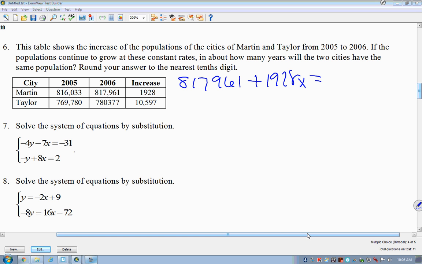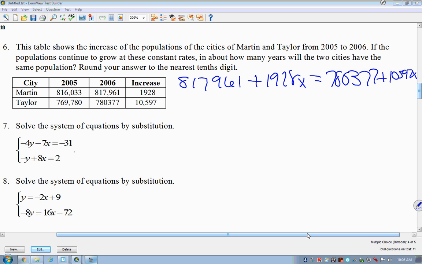That's going to be equal to the 2006 number for the other city: 783,377 plus 10,597x. Okay, looks a little crazy here.